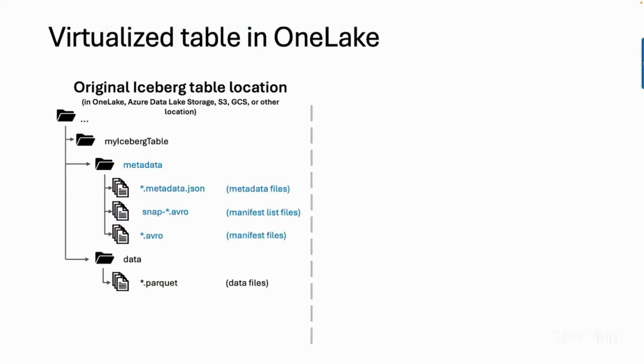Okay. So here's a view showing some data lying in some storage. Where is it? It could be in a lot of places. It could be in OneLake itself, could be in Azure, could be in S3, GCS. That also doesn't matter, right? You can see that there's an Iceberg table, you have data, and then you have metadata. Metadata has the metadata JSON files, Avro files, etc. How do we bring this into OneLake?